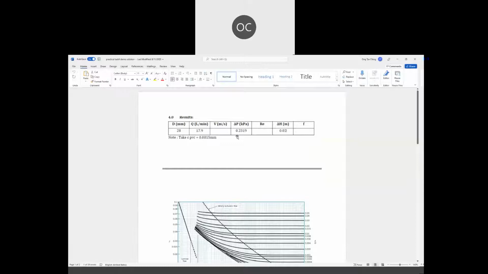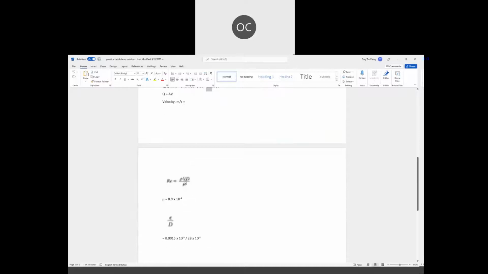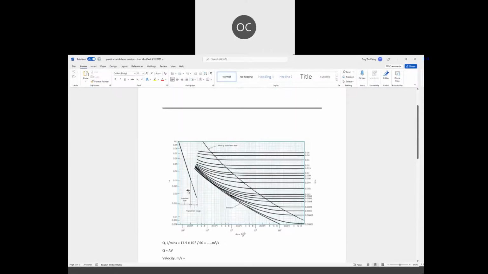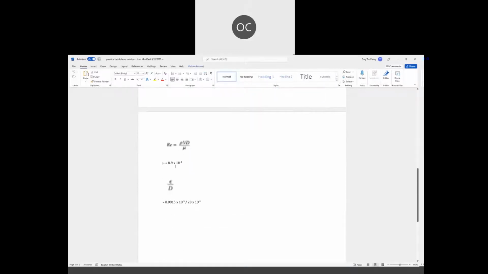The next one, the pressure in the digital meter, was given to you just now, 0.2319, right? Over here, the Reynolds number will be denoted by this value. Please try to obtain the Reynolds number using this calculation.